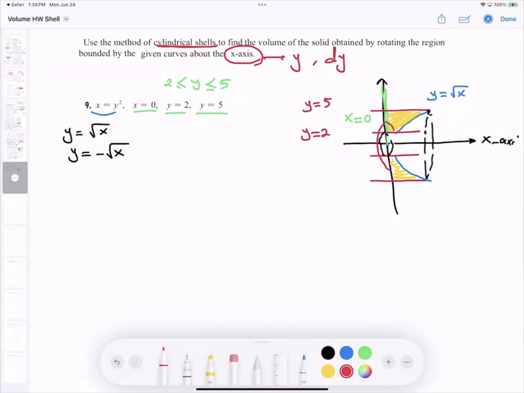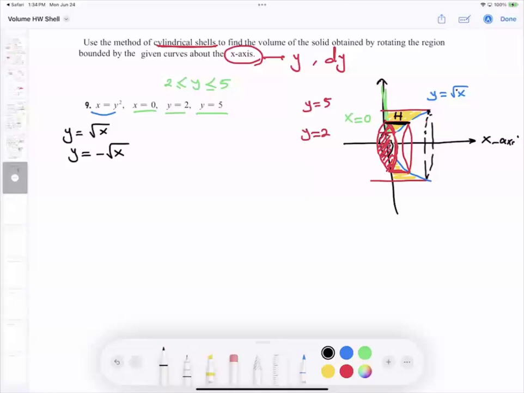It has a base which is located on the y-axis, and its height. This is a typical cylinder. It has a base and it has a height. The height is just right here.